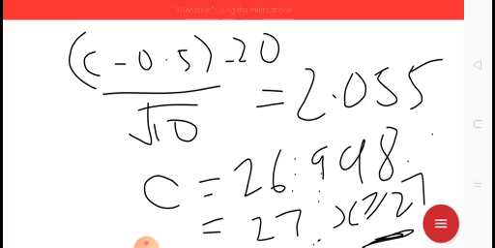For part 2, for the test described in part 1, calculate the probability of type 2 error when in fact 80% of the cars arriving at the junction turn right. So now your P has changed to 0.8. The original P is 0.5. Now your P changed to 0.8.